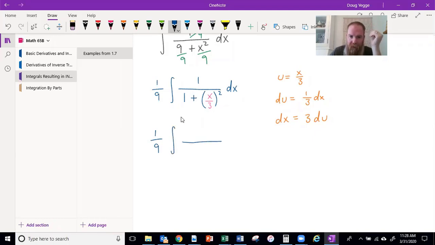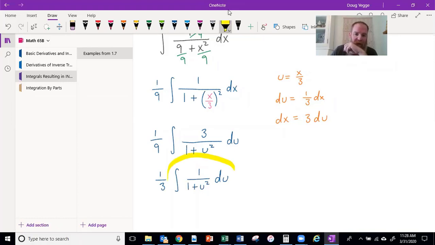The denominator is then just going to become 1 plus u squared. dx is 3 du, so we've got du here with now a 3 up top. If we pull that 3 out, notice that I now have a coefficient of 1/3 on the outside. And now I've got 1 over 1 plus u squared du.